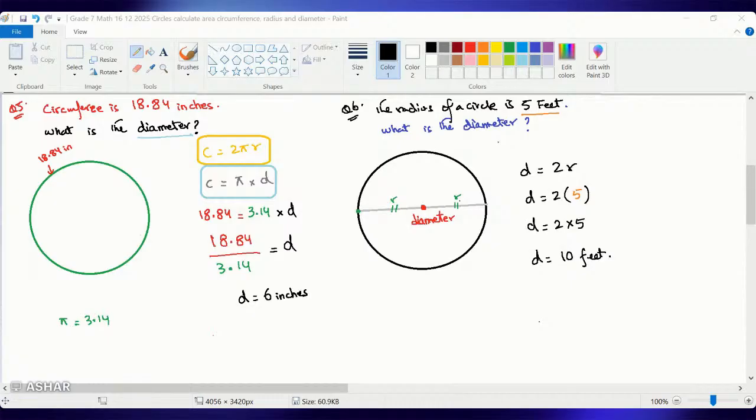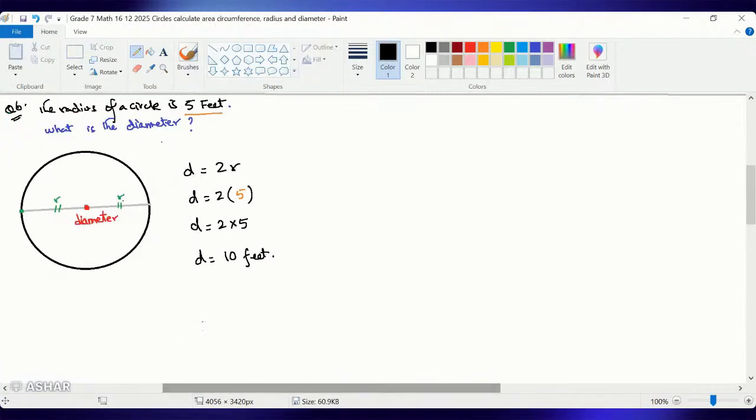The next question is the other way around, in which the diameter is given and we need to find the radius. The diameter of a circle, there can never be a diameter of any other shape.